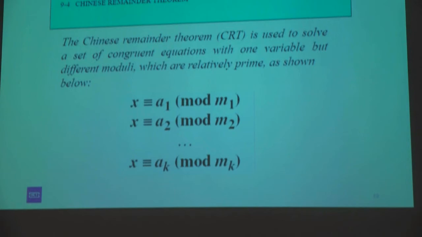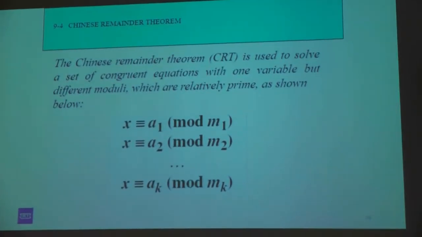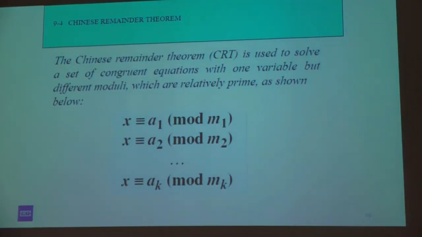The Chinese remainder theorem, CRT for short, is used to solve a set of congruent equations with one variable but different moduli, which are relatively prime, as shown below.